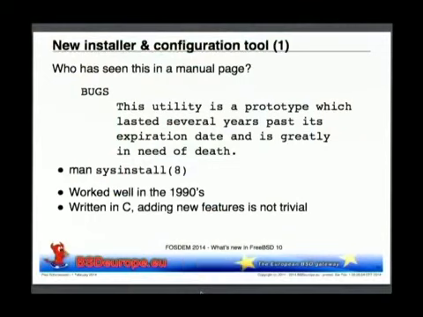One of the problems is it's completely written in C. It's not even that bad inside. It's even in some places quite ingenious. But adding new stuff is not that easy. So sysinstall has always lagged behind on other developments in the operating system, like new file systems and other nice stuff.